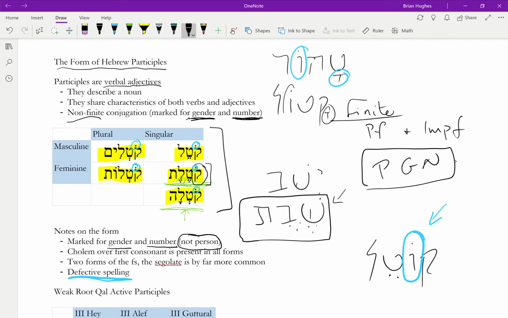So we're looking for these things in the infinitive absolute. But in our Hebrew participles, that holem is our primary diagnostic. Otherwise, we get the tsere here, the segolate in feminine singular, and then these forms you're used to, because these are our noun masculine and feminine plural endings.